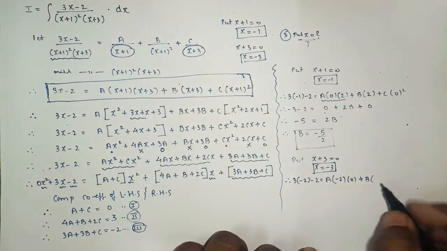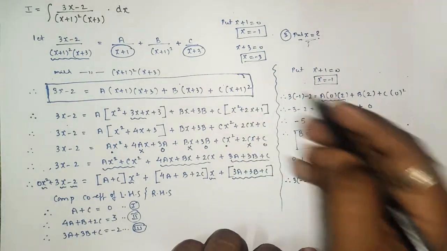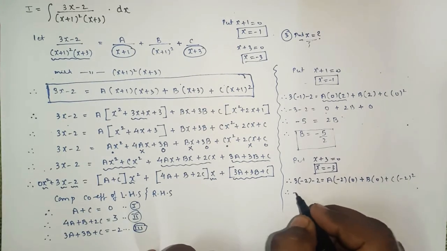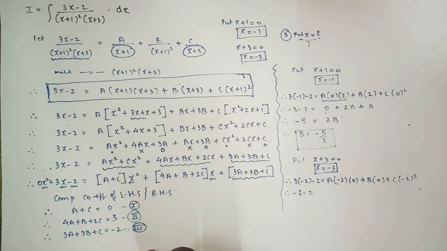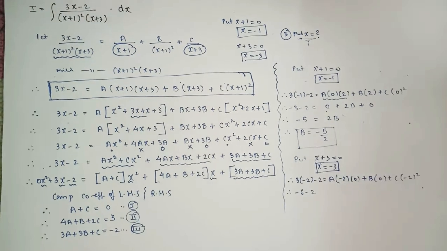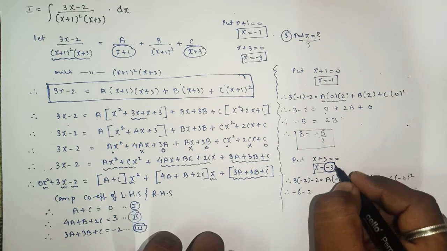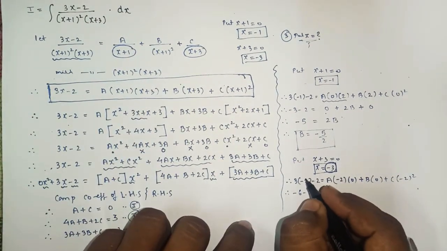So minus 3 plus 3 will be 0. Okay, sorry, here I made a mistake. We have to replace it by minus 3. I forgot here. So here minus 3 will come.